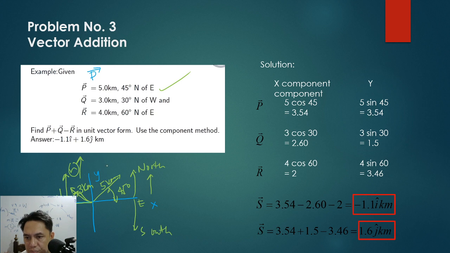This is the P vector, that is the Q vector, and then the R. What is the R? 4 kilometers 60 degrees north of east.